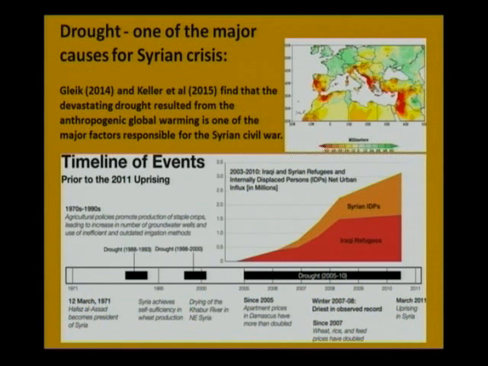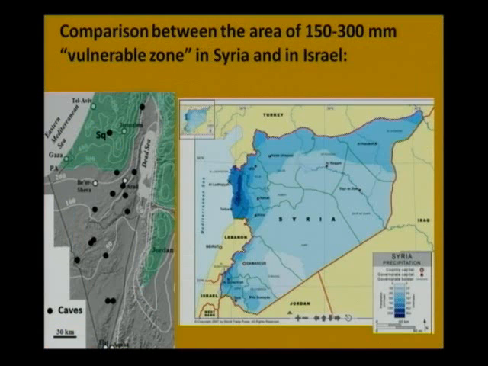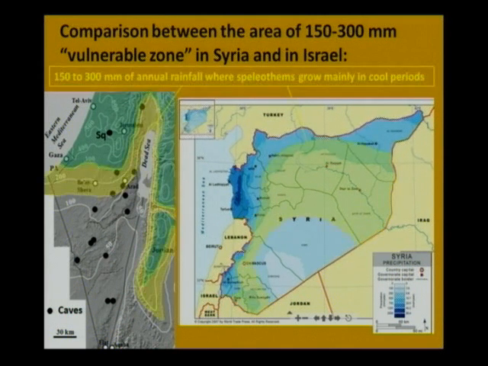Then, when I put the semi-arid area, for example, this is Israel compared to Syria, on the precipitation maps, if I mark the semi-arid region of Israel and Syria in yellow, you see that in Israel it's a narrow belt, but in Syria it's a huge area, almost half of the country, between 150 millimeters and 300 millimeters.